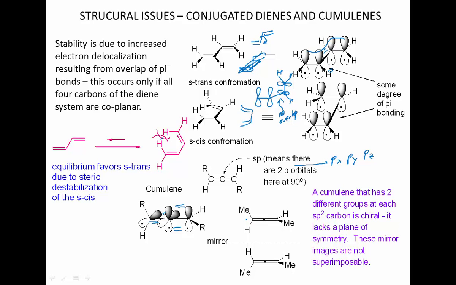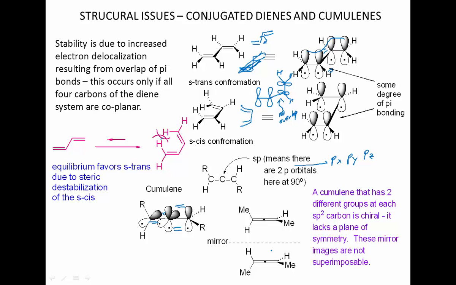If we have different substituents on each of those carbons, we actually have a chiral molecule. There's no plane of symmetry in this molecule, and if you try to superimpose it on its mirror image, it won't do that. So this is kind of a unique way to make a chiral molecule.